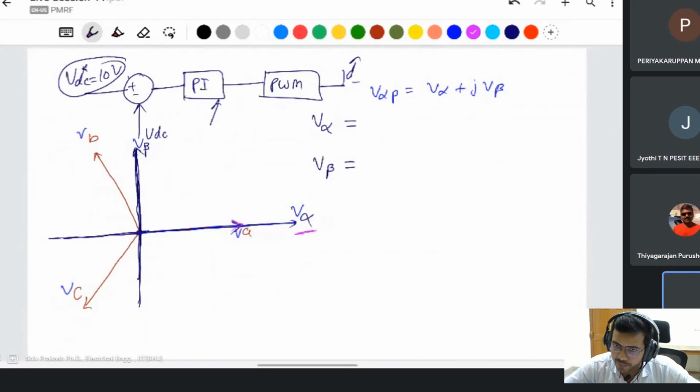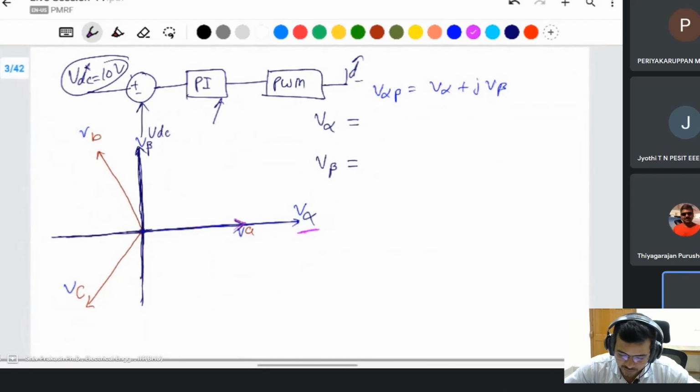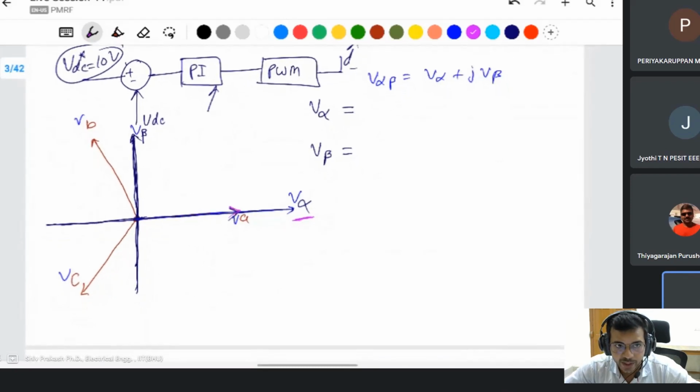To convert to alpha beta transformation, you can consider each separately. What is the value of VA with respect to the alpha direction, and what is the value of VB in the alpha direction, and what is the value of VC in the alpha direction? If you calculate this, then you can find it easily.